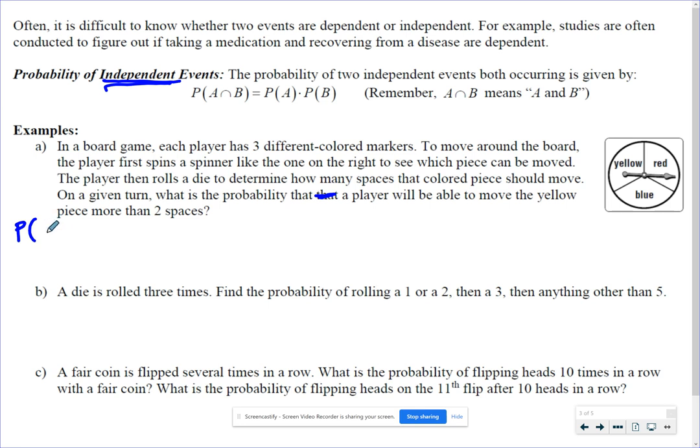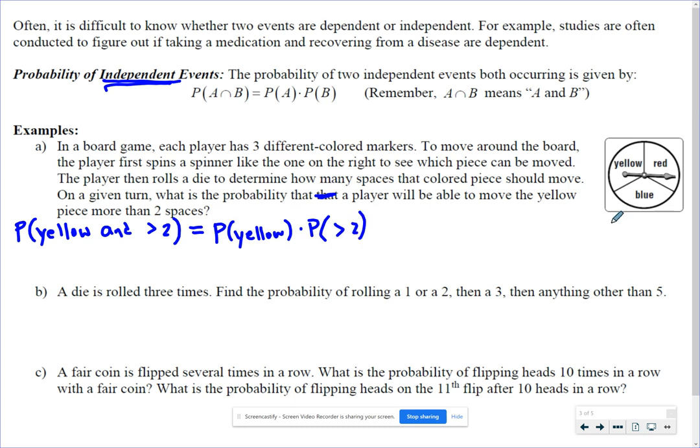If we're going to move the yellow piece, then the spinner has to land on yellow, and we need to move more than 2 spaces. So since these events are independent, we'll take the probability that the spinner lands on yellow times the probability that the die lands greater than 2.